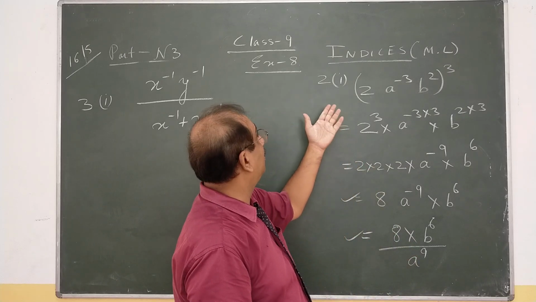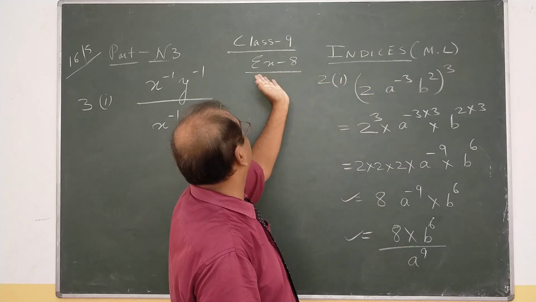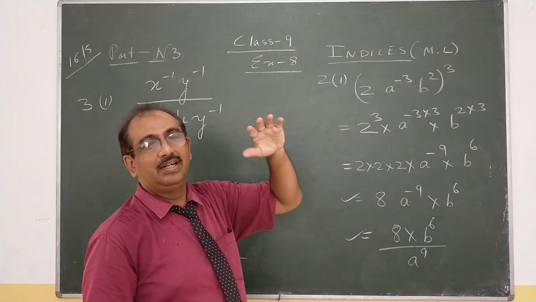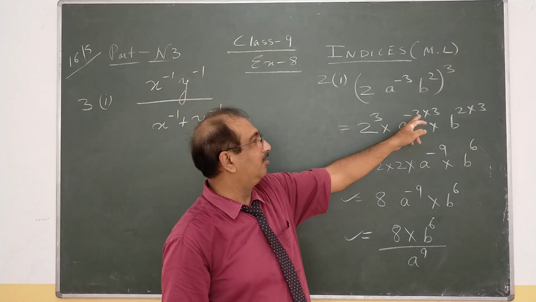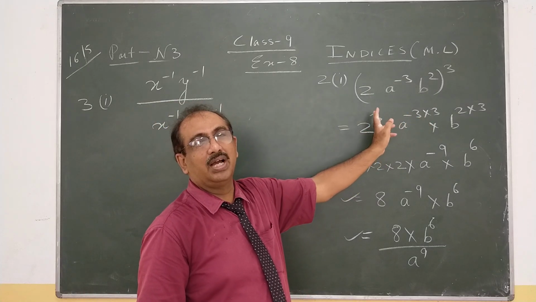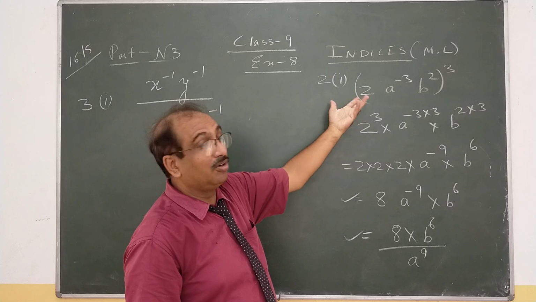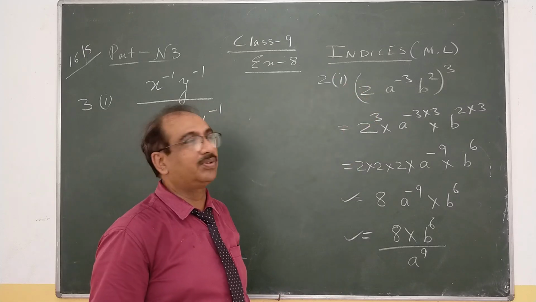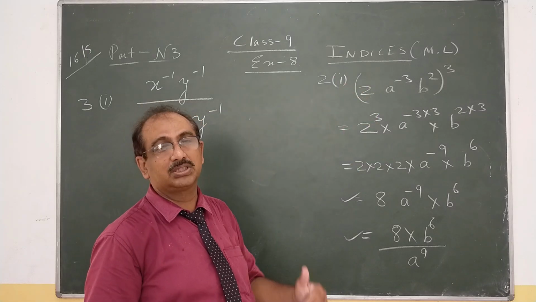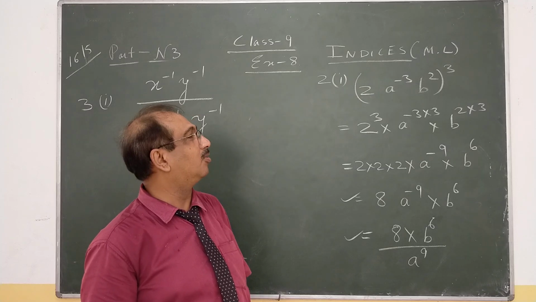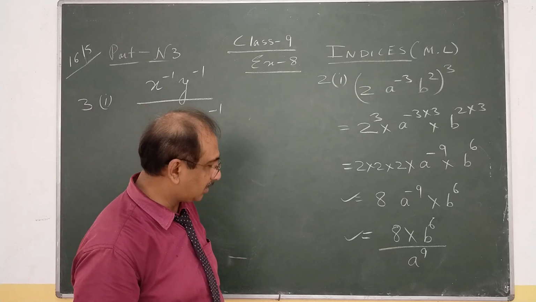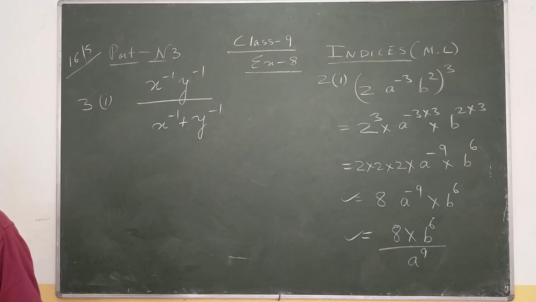Index means power, and the plural of index is indices. That's why the name of this chapter is indices, meaning power, and sometimes we call it exponent also, which has roughly the same meaning. So kindly copy, then I'll do.